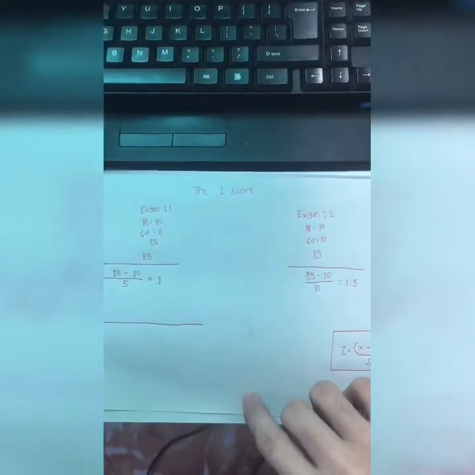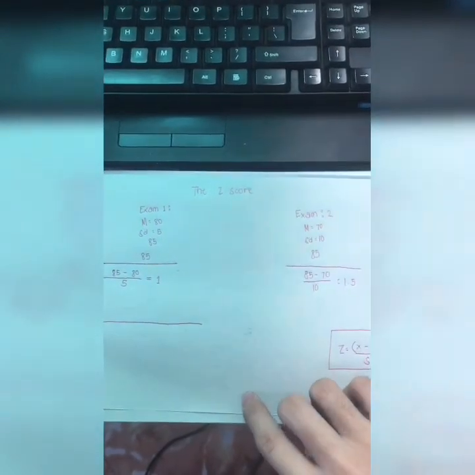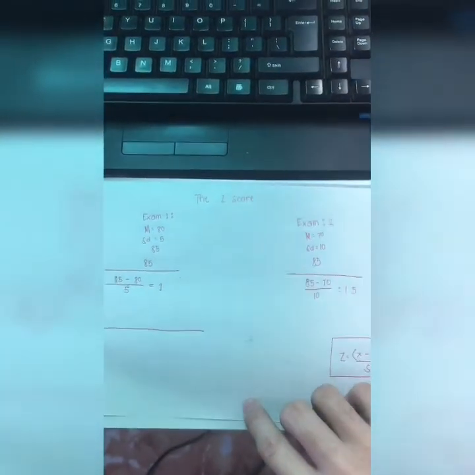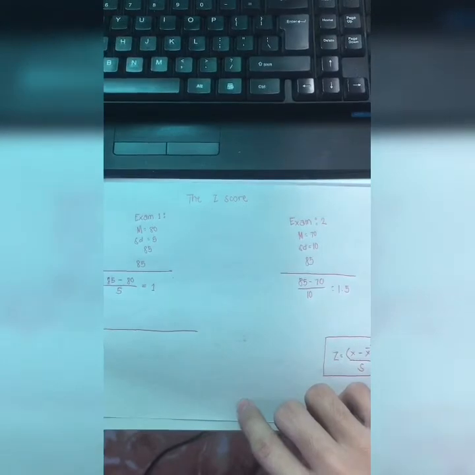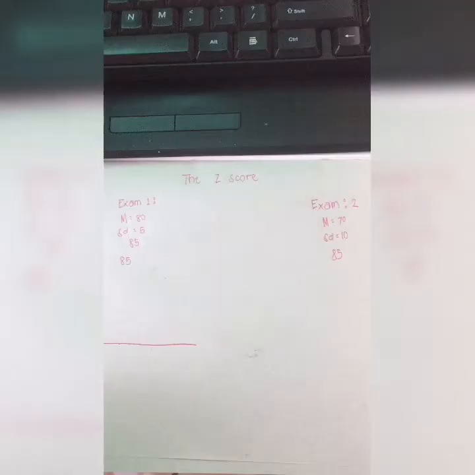And if we differentiate these two exams, as you can see, exam 2 is much better than exam 1 and 1.5. So exam 2 is much more higher than exam 1. It's quite confusing, but let's take a look for our normal curve.